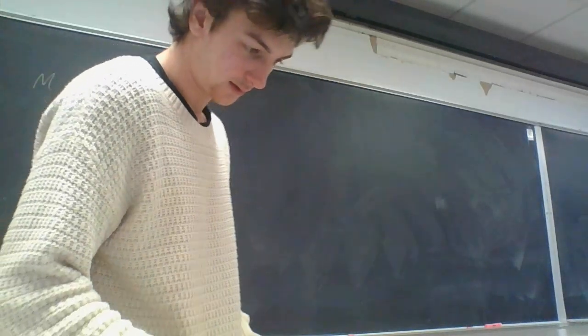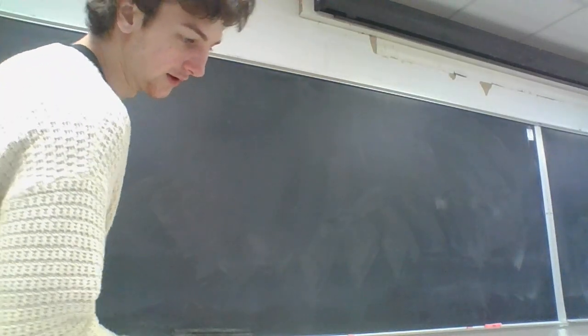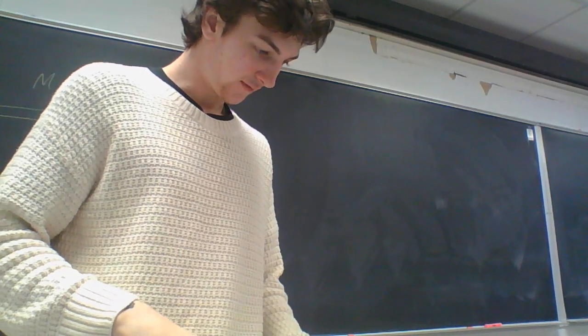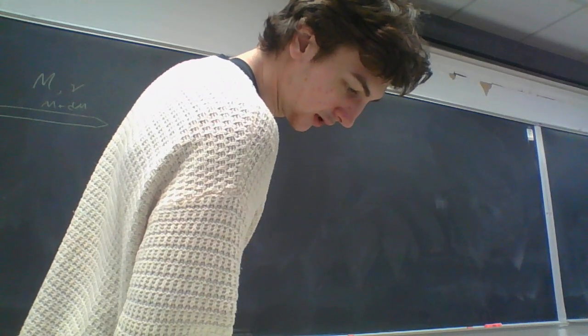Okay, this is good. So the idea is that here's our rocket, and as it goes at some speed, v plus dv, we've got m plus dm and minus dm.